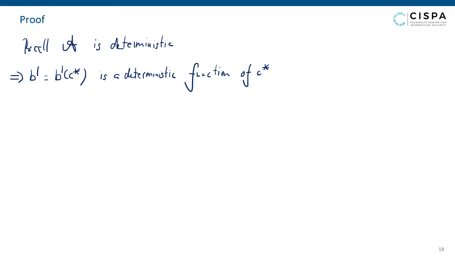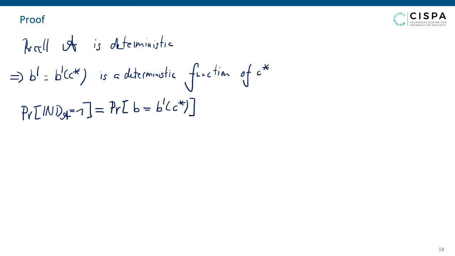now let's compute the success probability of our adversary A. We want to compute probability that the experiment outputs 1 and show that this is 1/2. Then we're done. But in order to do so, when does this event happen? Well, the challenger checks in the end if B prime equals B, and then it outputs 1. So this event is equivalent to the event B equals B prime of C star.